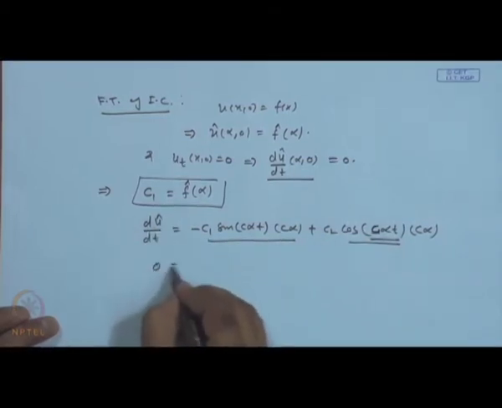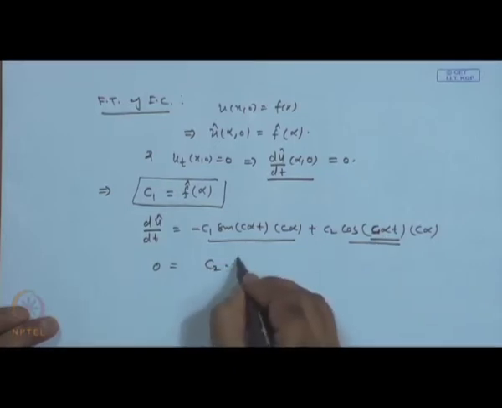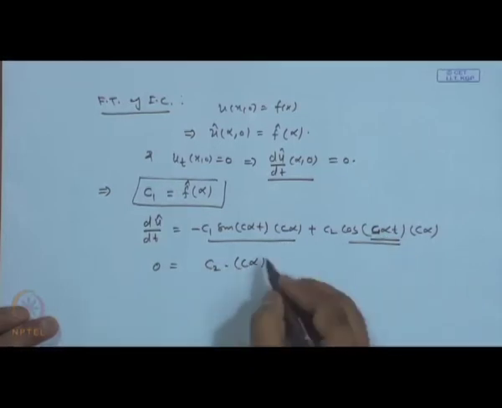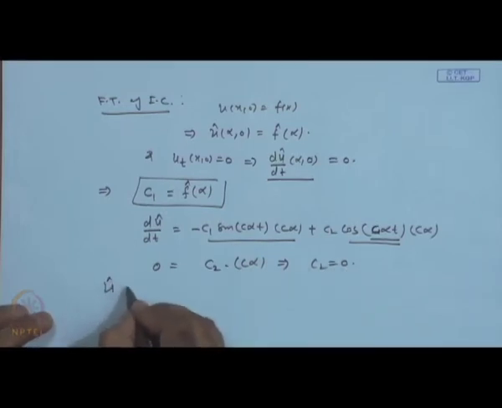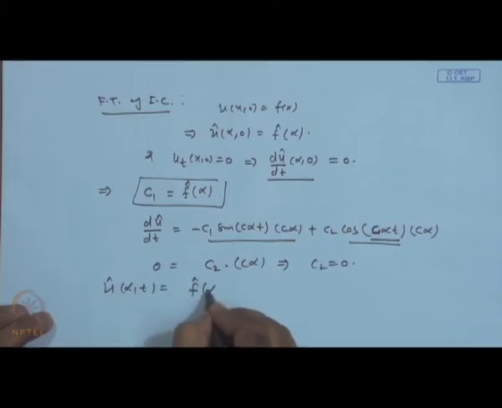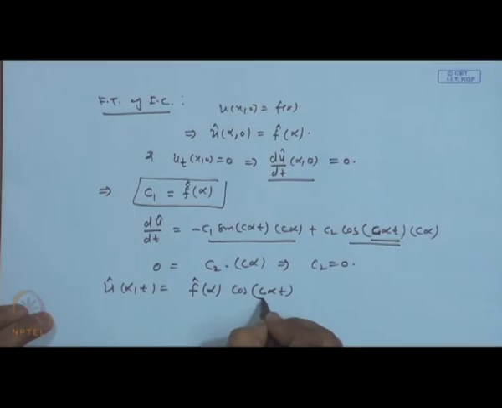So we have C2 times cα, and in any case C2 is 0. So we have û(α, t) is f̂(α) cos(cαt).